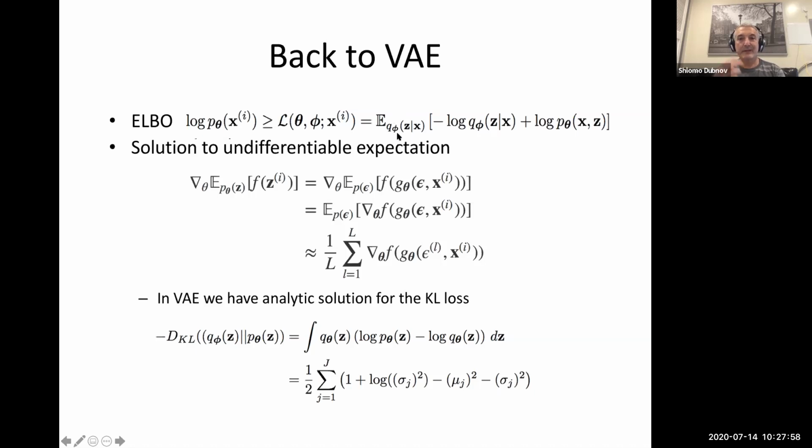Just getting used to the language takes a while, right? So you average on the posterior distribution of the latent states given the trial distribution of these two parameters.